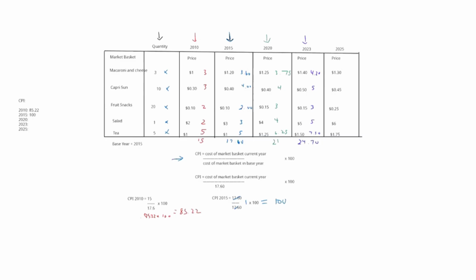And then lastly, for 2025, we get 3 times 1.3, which is 3.9. 10 times 45, which is 4.5. 20 times 0.25, which is 5. 1 times 6, which is 6. 5 times 175, which is going to give us 875.